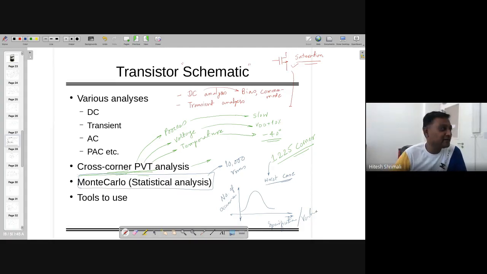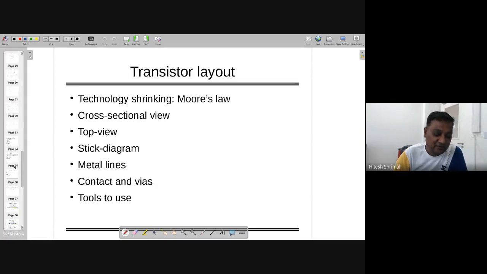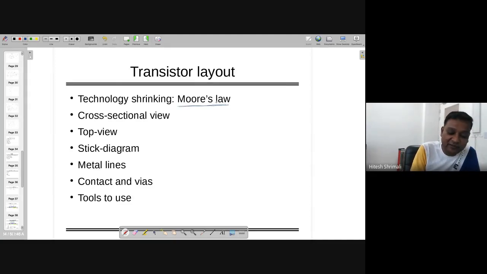Today I mostly talked about everything. Maybe tomorrow we are going to talk about the layout technique also, what exactly we are doing. But before going to tomorrow's lecture, we can talk about a very popular thing which some of you must know, Moore's law.